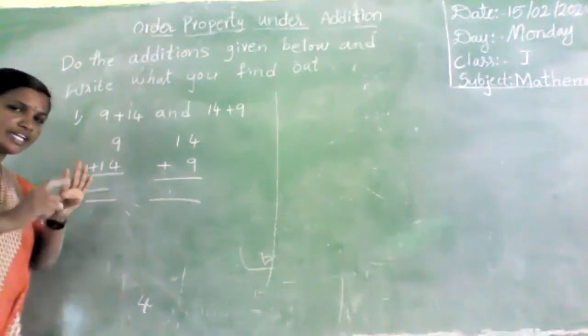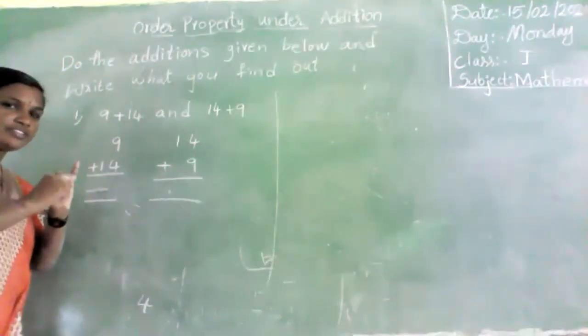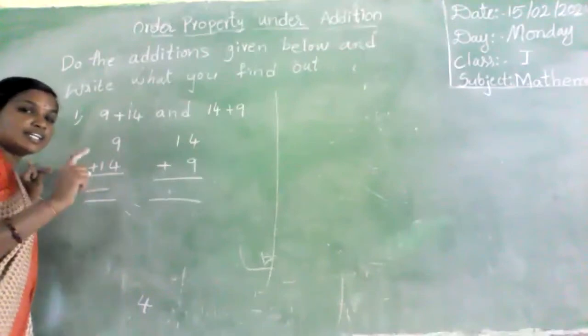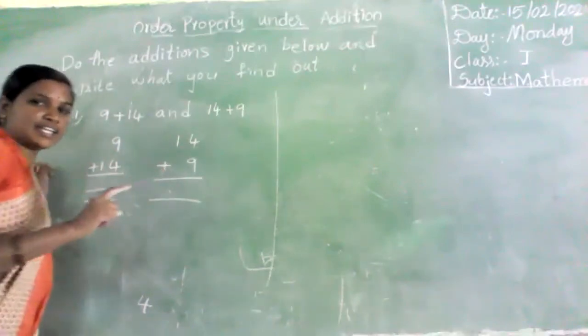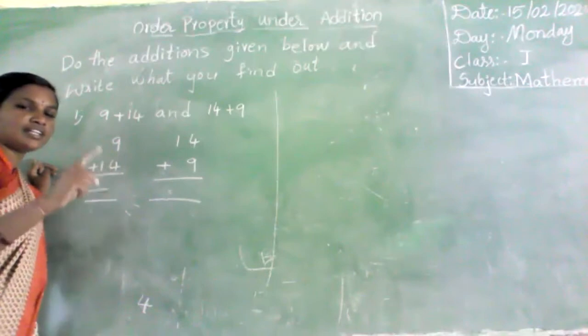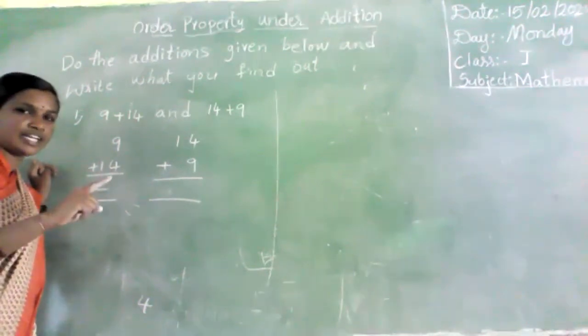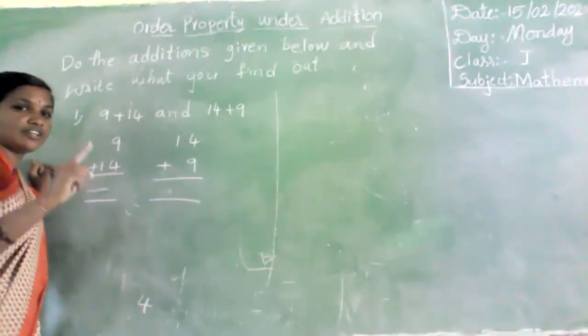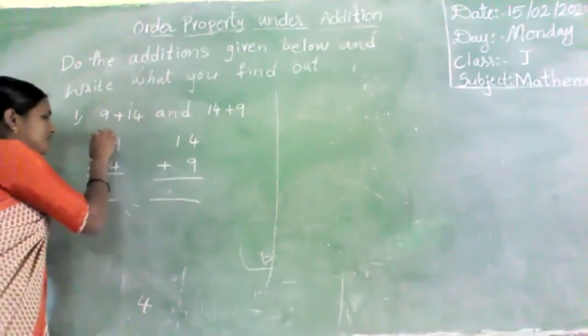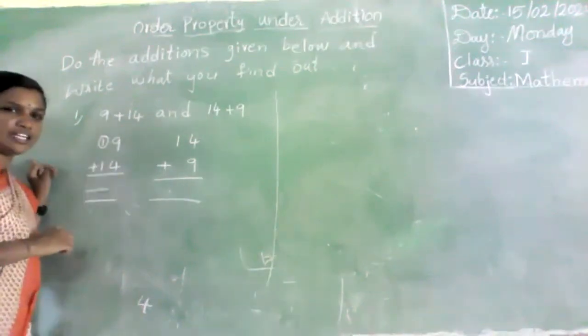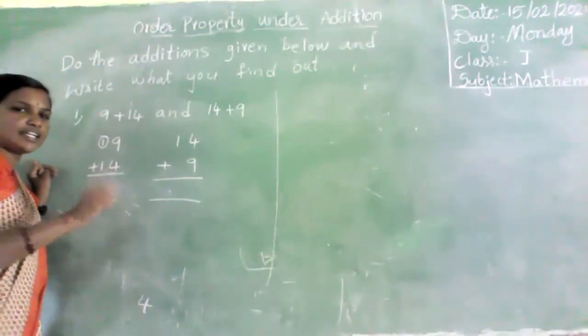Take 4 fingers. 9, after that 10, 11, 12, 13. 9 plus 4, 13. In 13, 1 ten and 3 ones. 1 ten carry and 3 write under ones.